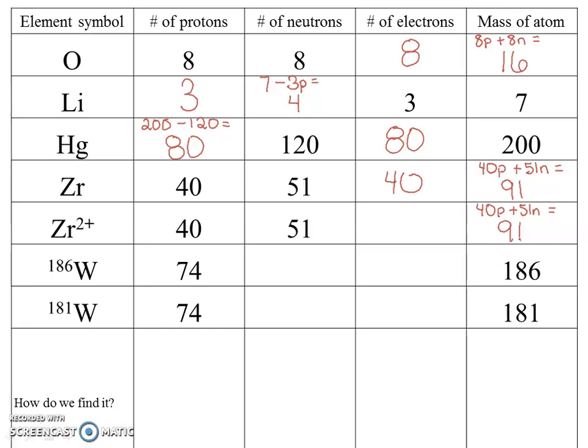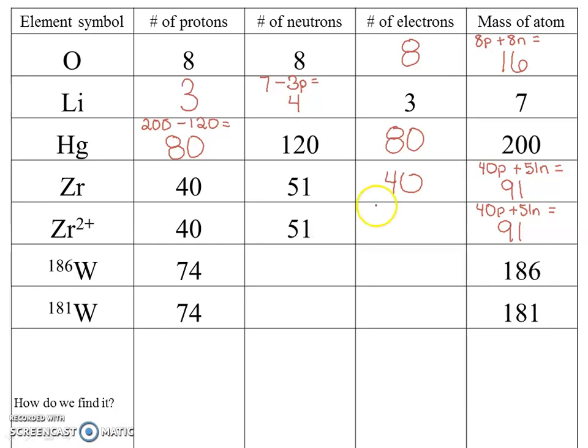When we're thinking about charges, we have positives, so we consider the protons, and we have negatives, so we consider the electrons. Remember, neutrons do not have a charge, so they don't come into account for any of the charges.